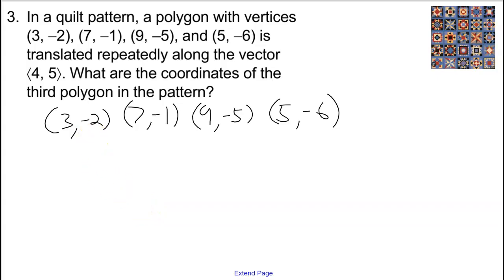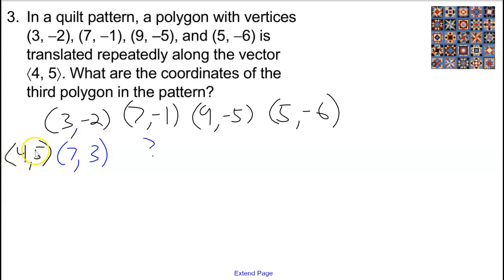All right. Now, what I want to do is apply this 4, 5 vector. If I apply the 4, 5 to this, which means go to the right 4 and up 5, what would this coordinate be? You should get 7 and 3. All right. See what the next coordinate would be.